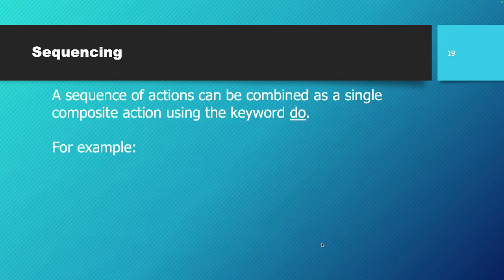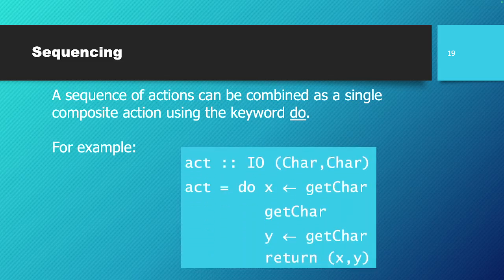Now the sequence of actions, we're going to see some code in a couple of minutes. A sequence of actions can be combined as a single composite action using the keyword do. For example, we need the outside world and we're going to return the characters here.